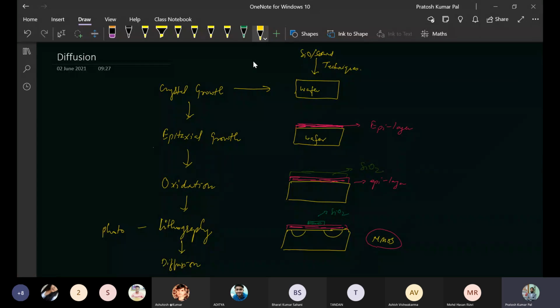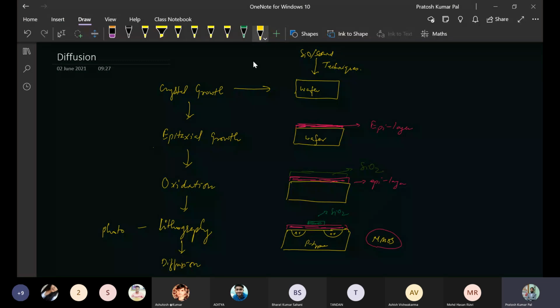If a P type substrate is there, we will be making N type diffusion to have an NMOS. So N plus diffusion we require. This deposition of the source and drain layer is done by diffusion.